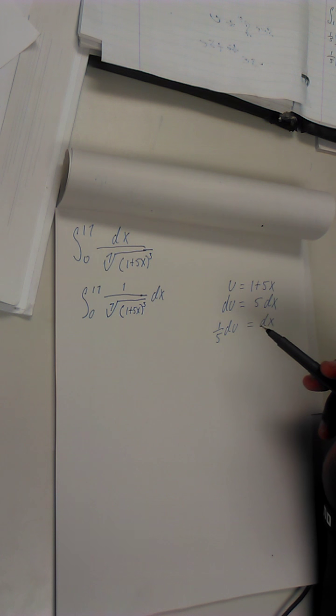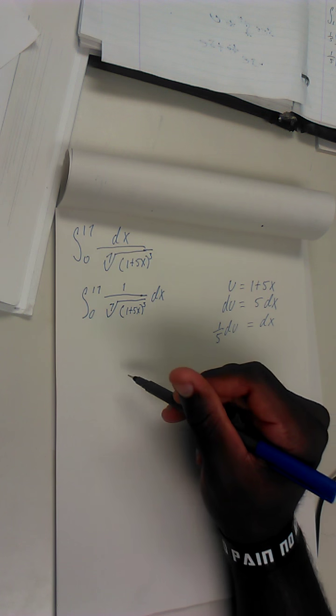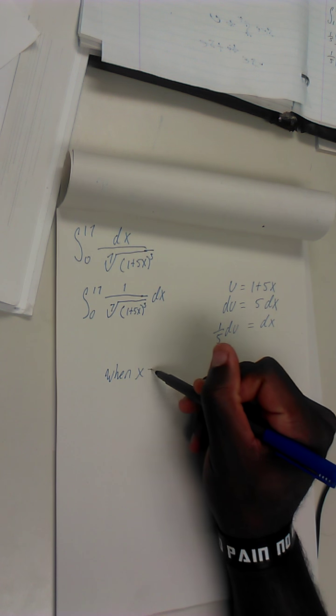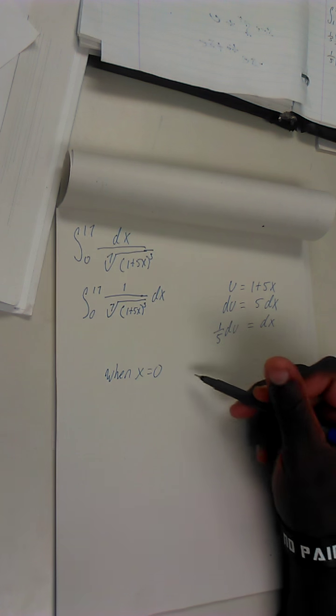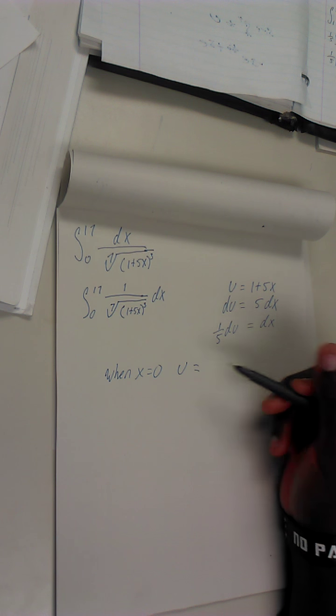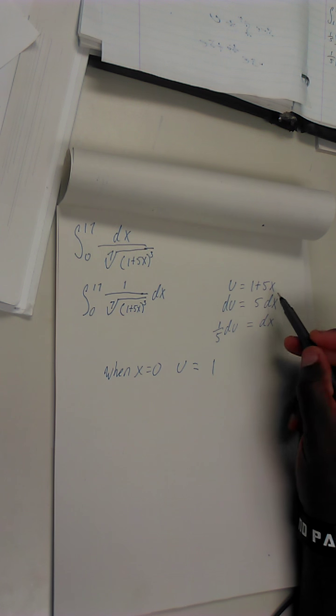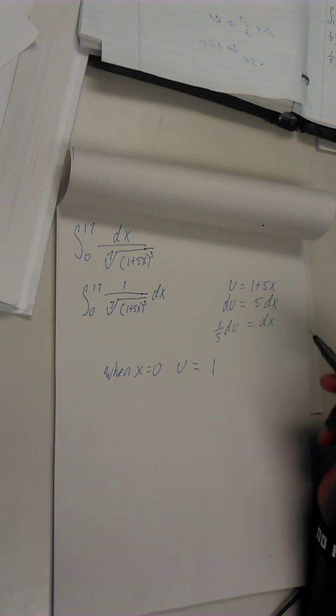Now let's go ahead and make our limits in terms of u. So let's do our lower limit first. When x is equal to 0 here, u is equal to 1, because you plug in 0 here, and then u is equal to 1.